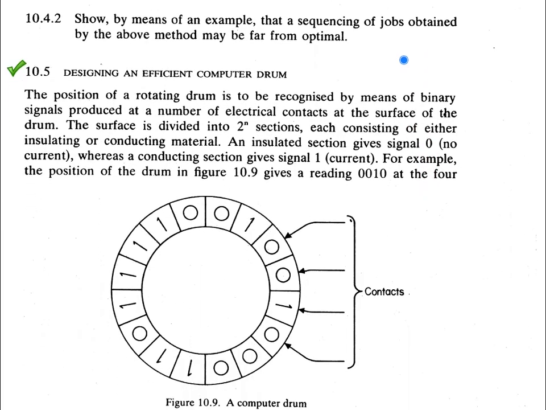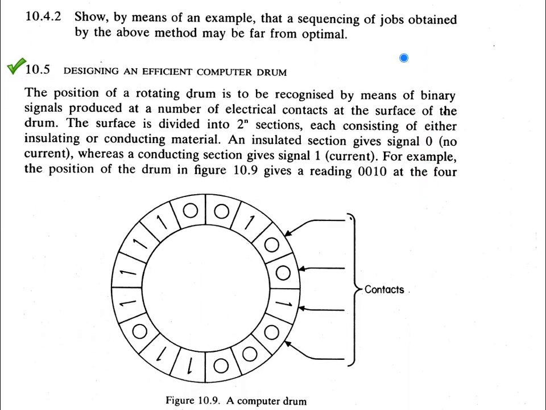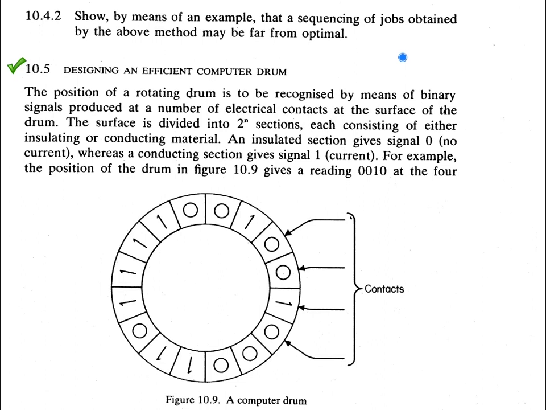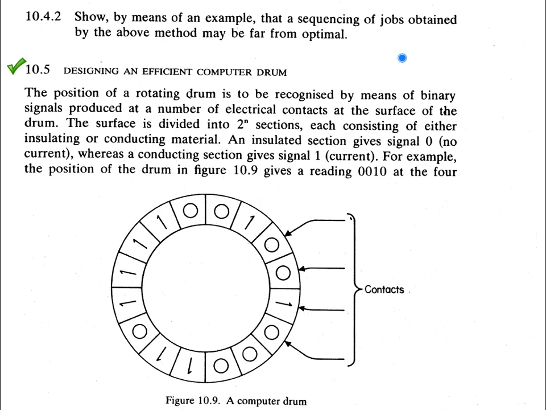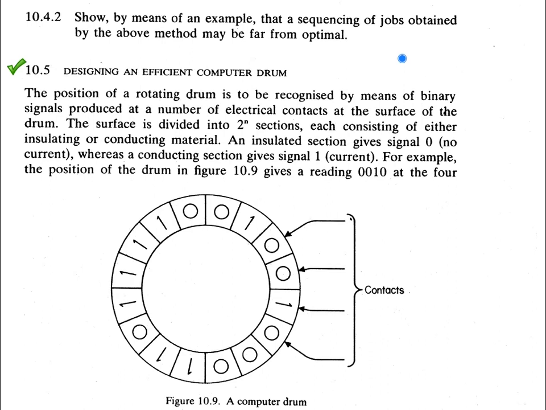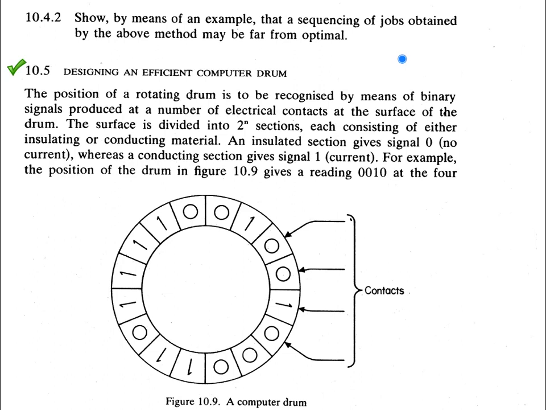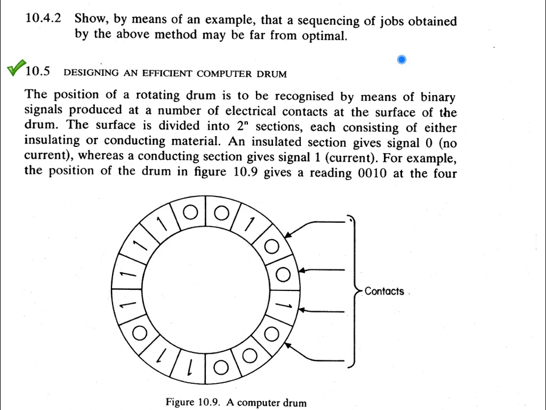Now I have like this. Okay, you have consecutive contacts on the boundary, on the margin of the disk. Okay, and you have to understand what the position of the disk is just by these four contacts.